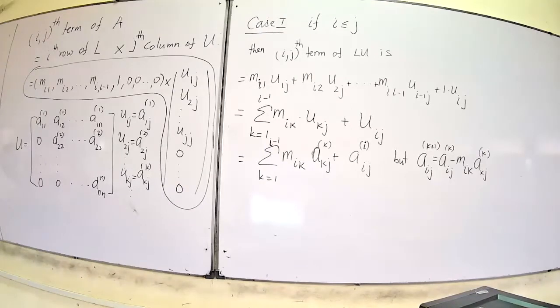In the kth step you use the kth row for elimination. So this is how we write the formula.